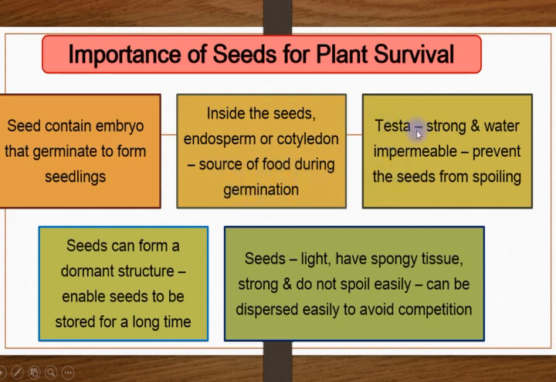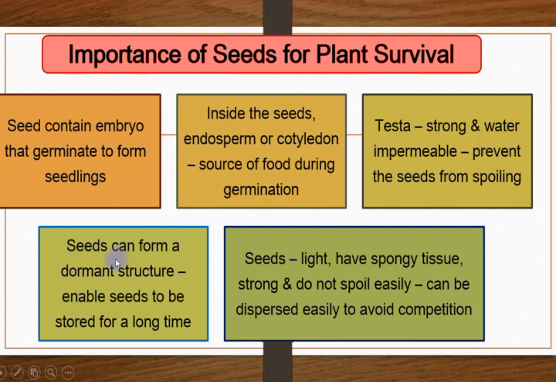The seed also consists of the testa. What is the testa? Testa is the seed coat, kulit biji tersebut. The seed coat is strong and water impermeable, so it is important to prevent the seed from spoiling.